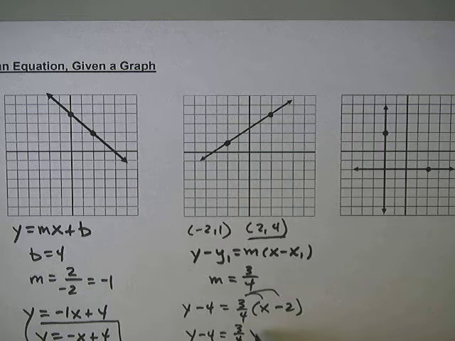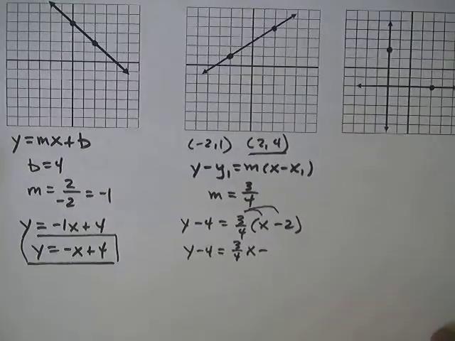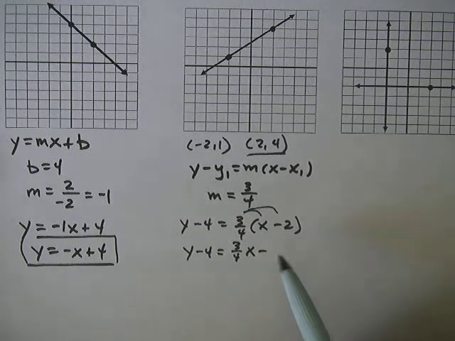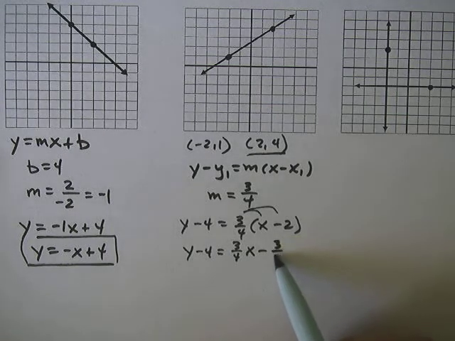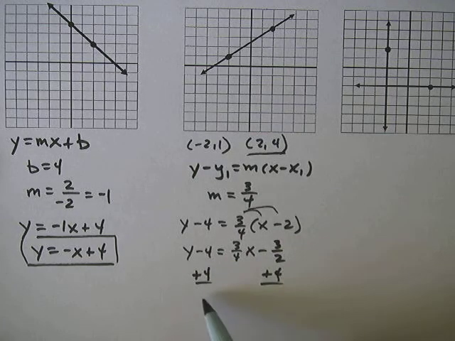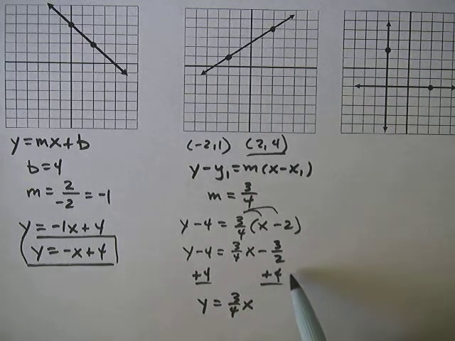Simplify. Y minus 4, distribute, equals 3/4 x minus. Now 3/4 of 2 is going to be 6/4, which if you then just reduce that, it would be 3/2. I'm going to add 4. Y equals 3/4 x.